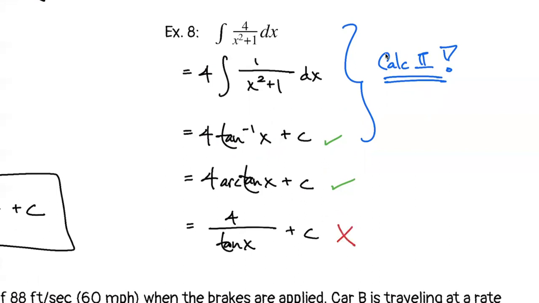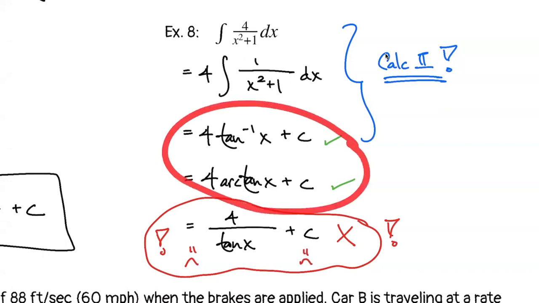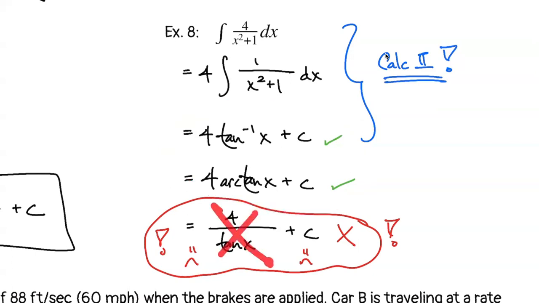That -1 does not mean a reciprocal, okay? That -1 means the inverse. And so if you do something like this, all right, you're going to be super, super sad about it because that is not correct, all right? Arctan or inverse tan, both of these are okay, but an inverse is not the same as a reciprocal.